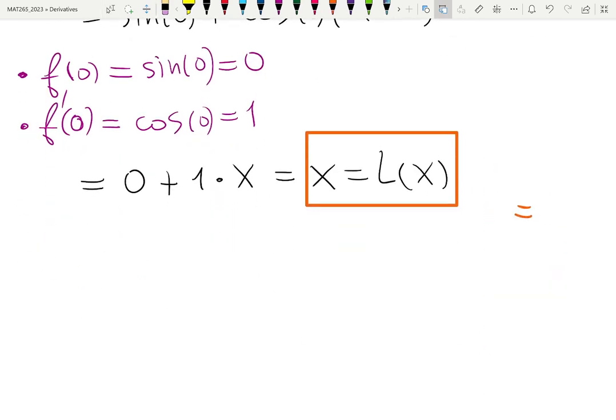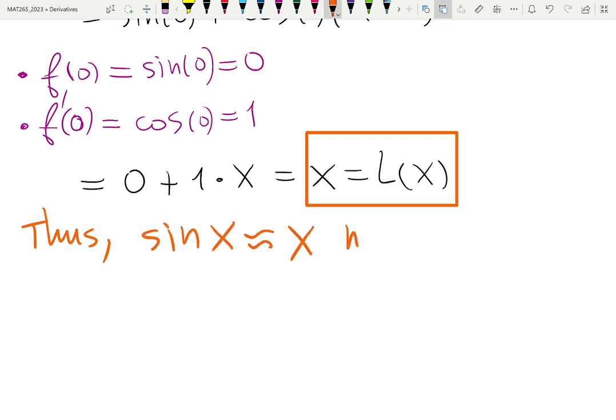Let me write it down like so. Thus, sine x is approximately x near 0. Near x equals 0.